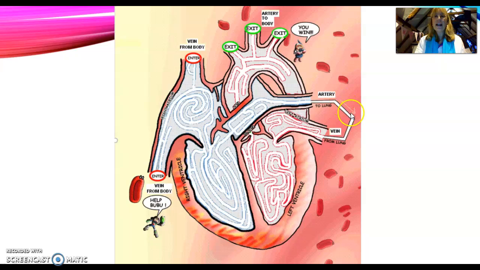It's moving to the lung to pick up oxygen, and it comes back via the pulmonary vein to this time the left atrium, which fills up, it contracts, relaxes, the ventricle fills up, and then the ventricle contracts, and this time that contraction pumps the blood via this huge blood vessel here called the aorta, which is the biggest artery in the body, probably about that thick, and it pumps the blood to all the organs in the body.